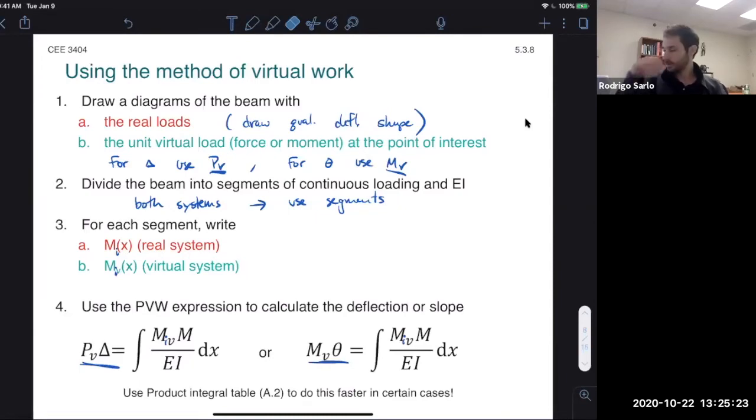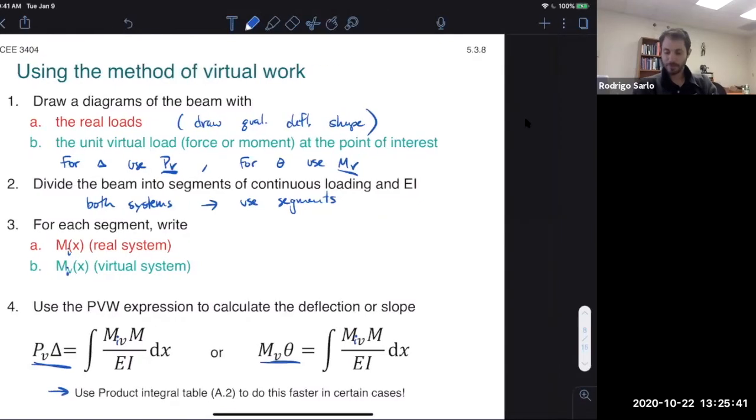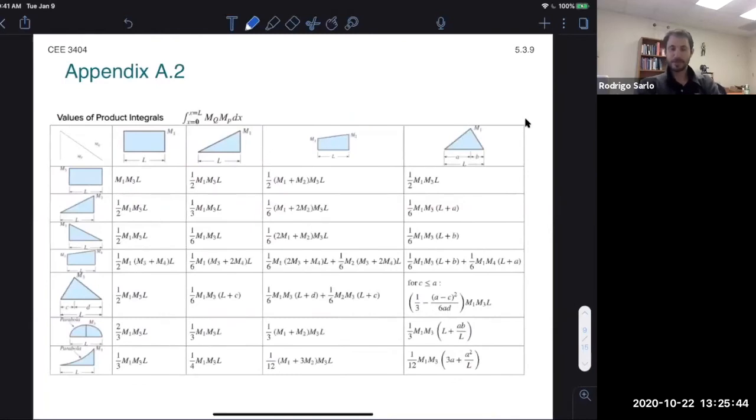All right. So one thing I forgot to mention, which you saw in the next slide, is that sometimes these integrals can be substituted by using product integral formulas from the table in Appendix 2 in the book, which I've very conveniently included here.